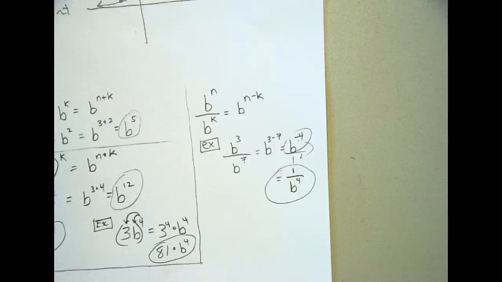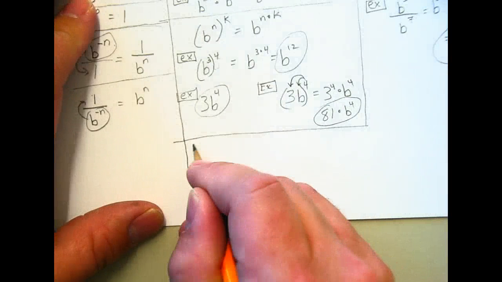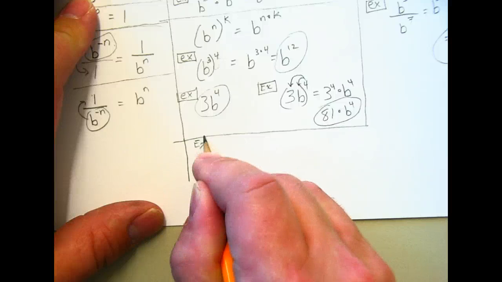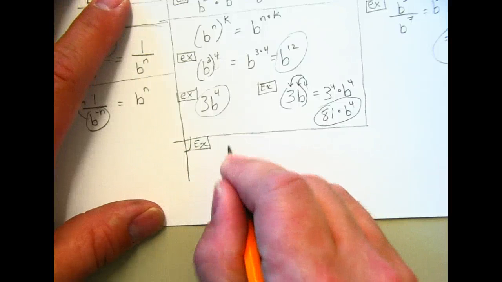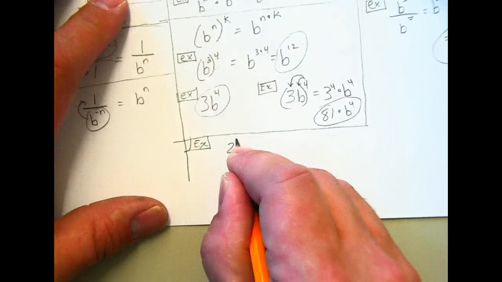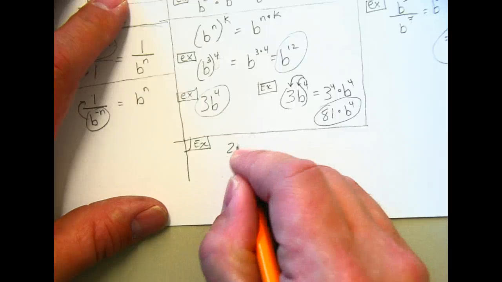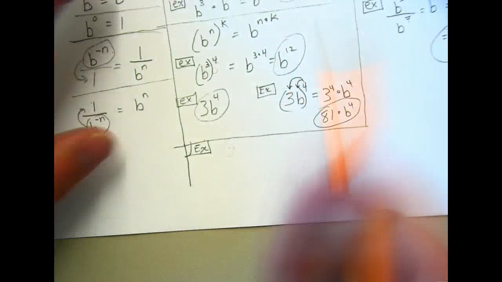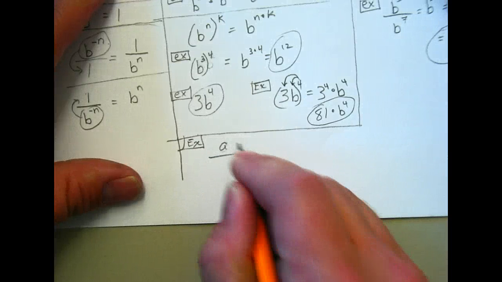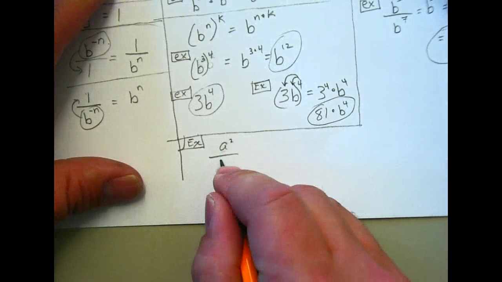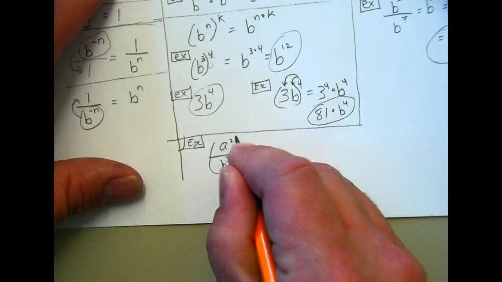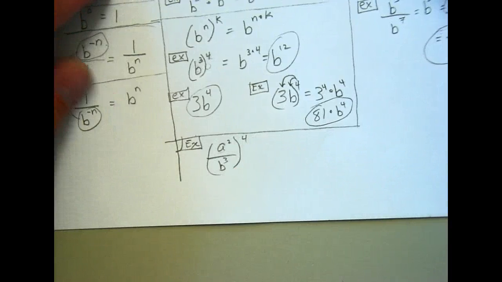I think I've got all the properties. I better double check over there. I guess I never showed an example of one kind of in the same mold. If you want to put an example that looks like this, rather than 2, let's use a letter. A to the second and b to the third, all to the 4th power.